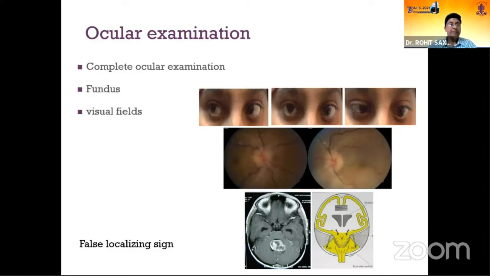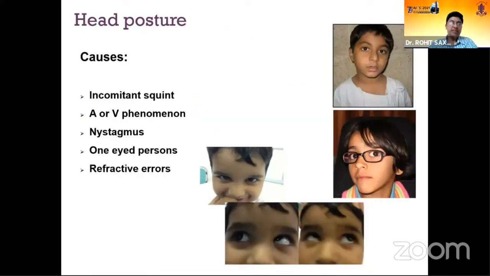Besides ocular examination and fundus examination, visual fields are essential in case you suspect there is a space occupying lesion, because sixth nerve palsies could be a sign or a false localizing sign of a raised intracranial pressure due to any cause, including IIH or tumors, which are essential to be picked up in the very time you see the child.